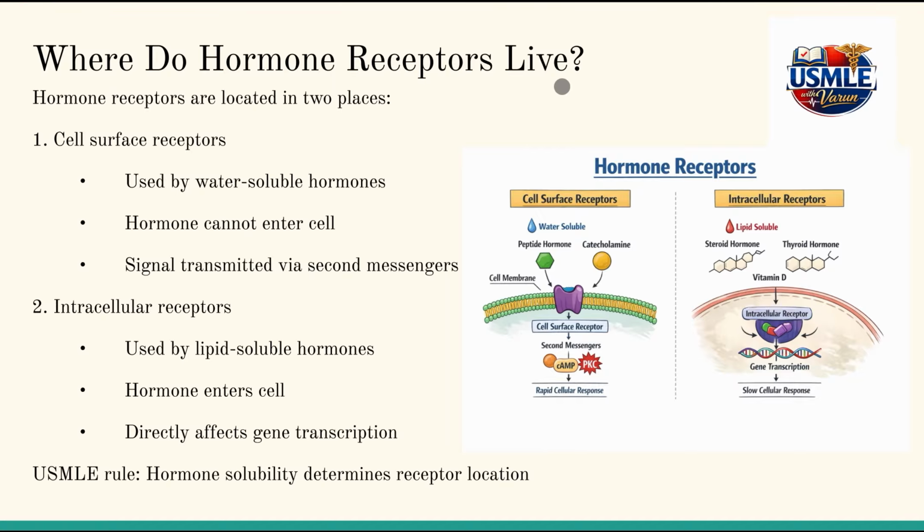Where do hormone receptors live? These hormone receptors are located in two main places: one on the cell surface, and the other inside the cell. Water soluble hormones use cell surface receptors because they cannot cross the cell membrane, whereas lipid soluble hormones use intracellular receptors because they can enter the cell.